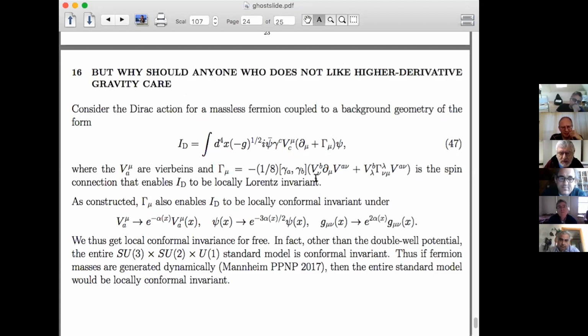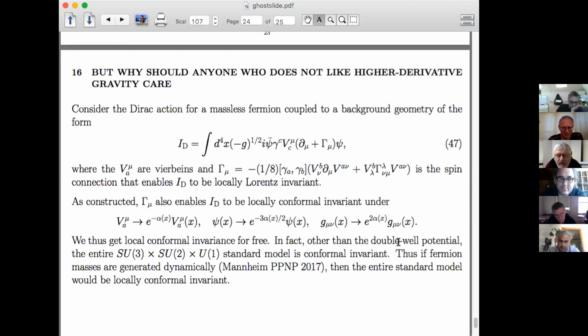Namely, you make Lorentz transformations, but at different points for each phase of the e to the i omega mu nu M mu nu. So it's locally Lorentz invariant, but it just so happens that under these transformations, it's also locally conformal invariant. You never asked it to be locally conformal invariant, but it is. You get local conformal invariance for free.